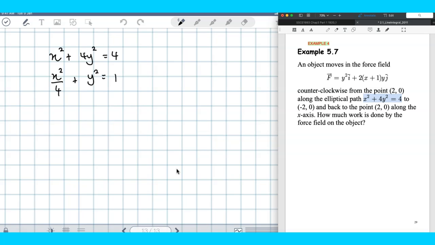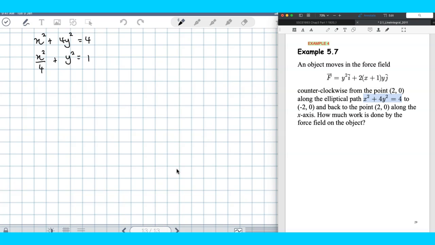Okay, so when we sketch, this one is 1 and this is 2. That is the ellipse given by the equation on the xy-plane.